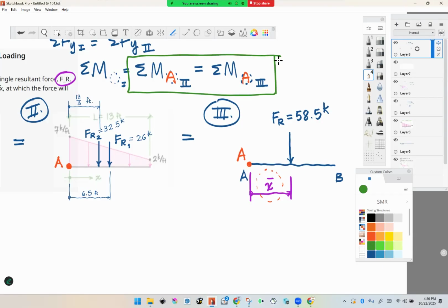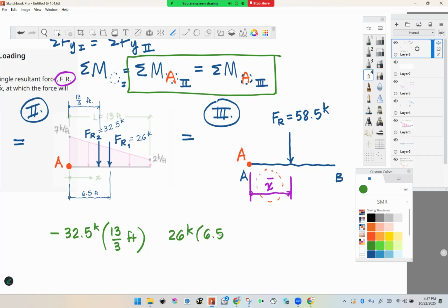On the left side, the summation of moments about A in system 2. So I've got 32.5 kips at a distance of 13/3 feet. And that tendency to rotate about A is going to be clockwise, thumbs down, negative. Next term, I've got my 26 kips, and its distance away is 6.5 feet.